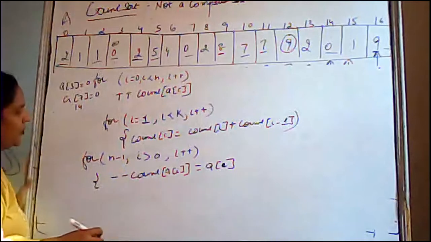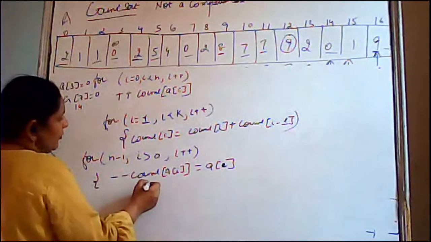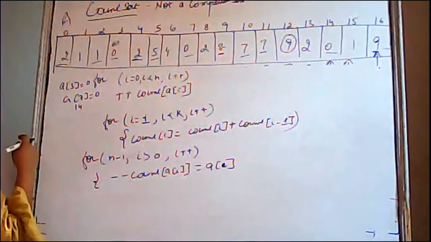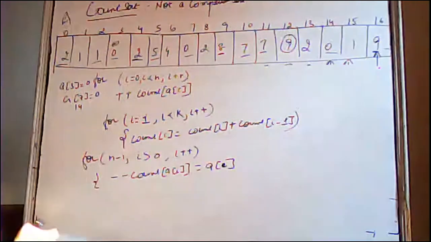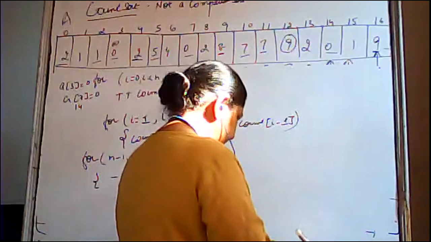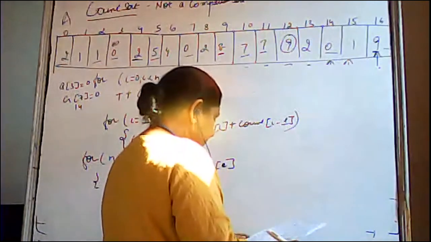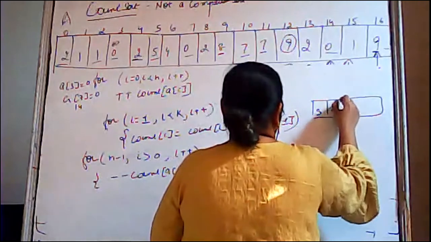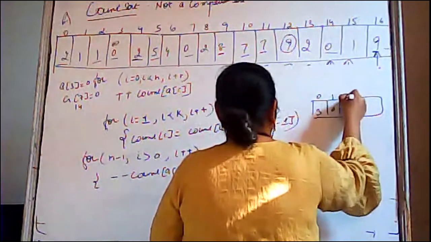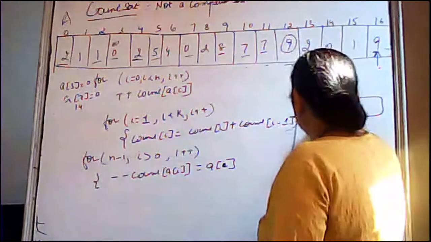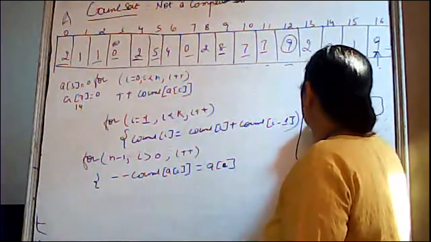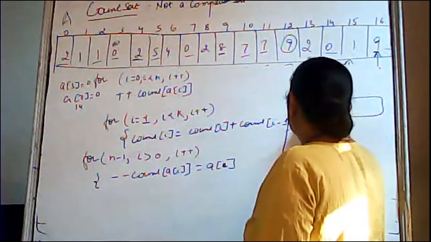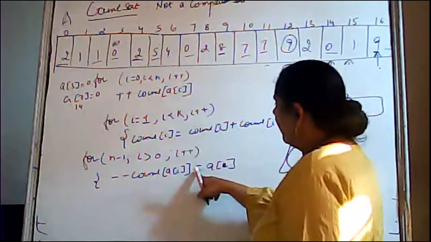Suppose, for example, 0 is occurring thrice. So minus minus count of A of I gives us 2, and where to store it?